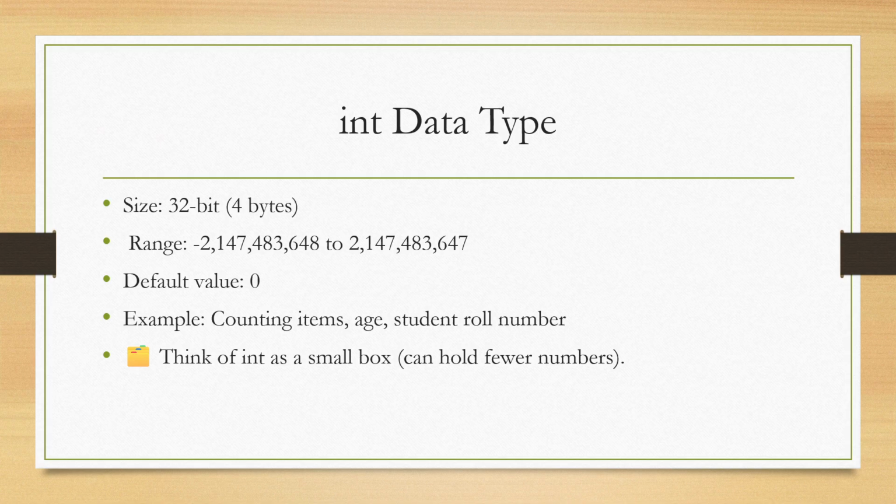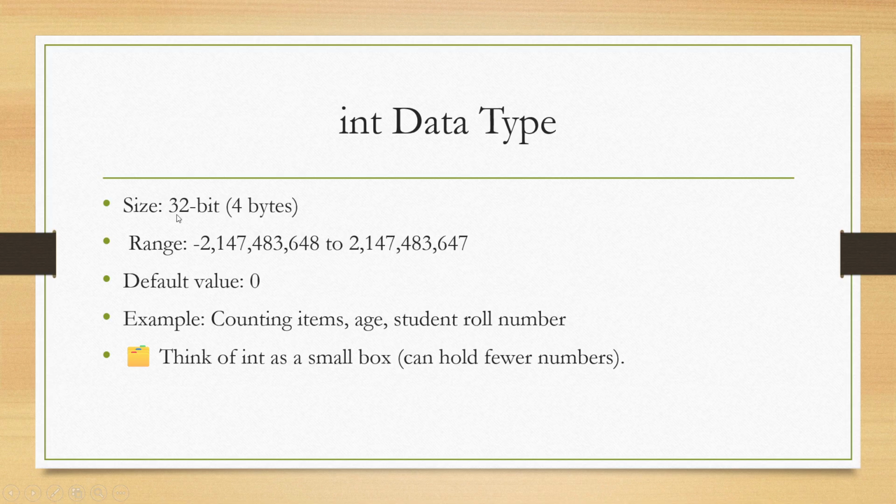Let's begin with int. Int is a 32-bit data type, meaning it uses 32 binary digits to store the values. Its range is from minus 2,147,483,648 to 2,147,483,647.